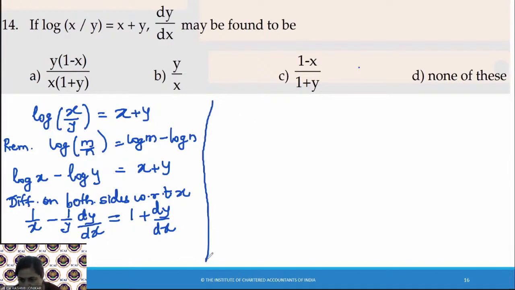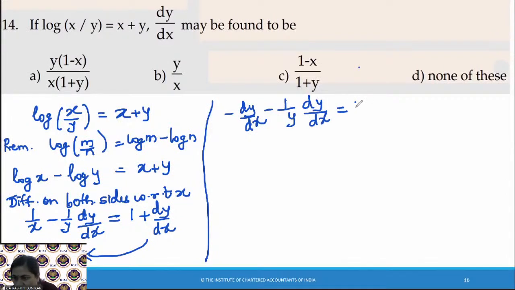So this dy by dx from here I will take to this side, it will also become minus. So minus dy by dx minus 1 upon y dy by dx is equal to 1. This 1 is on this side, and this 1 upon x I will take to this side, it will become minus 1 upon x.